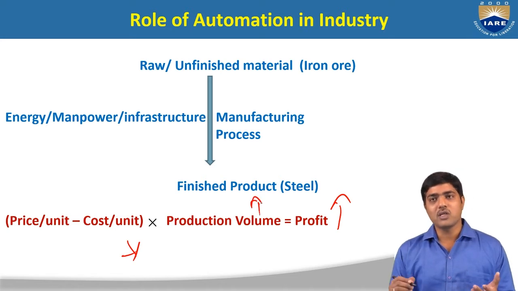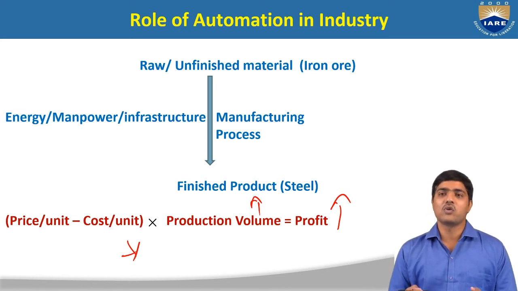As you have automated the industry, you can work with that industry 24/7. So there you can increase the production volume. It may be by increasing the working hours, or you can provide new infrastructure to install new machinery, so that you can increase the production volume.